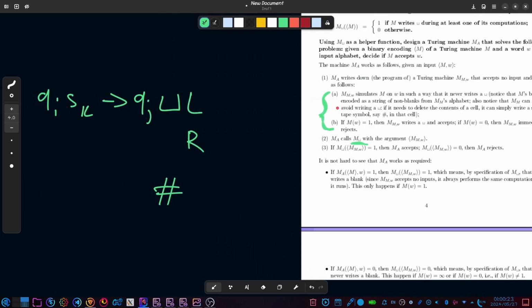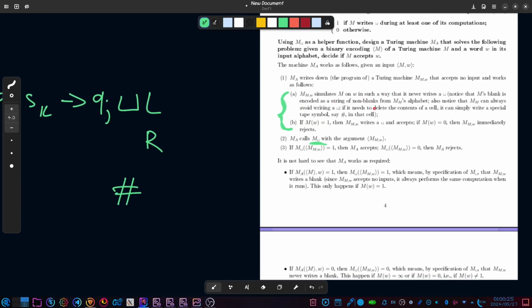That way, this Turing machine MMW is basically M, except it's not going to write a blank at all. That's the first thing. It's not going to write a blank up until M finishes its run on W.